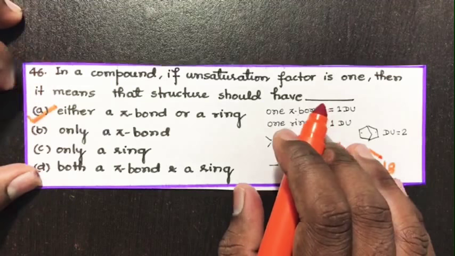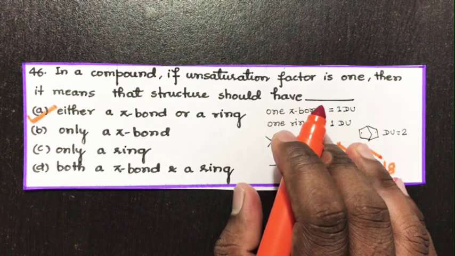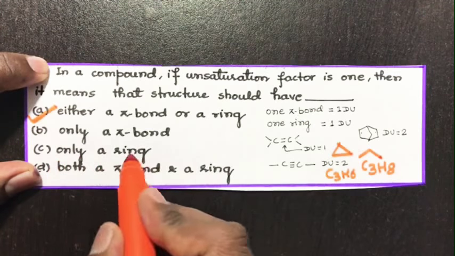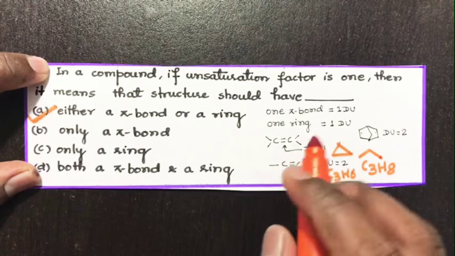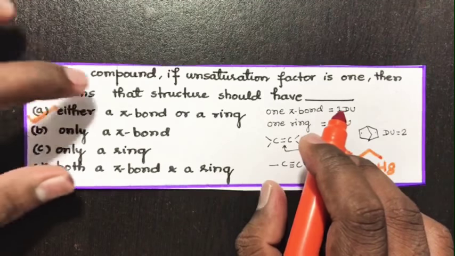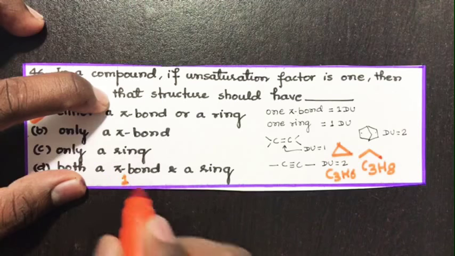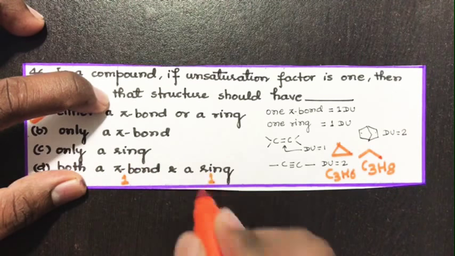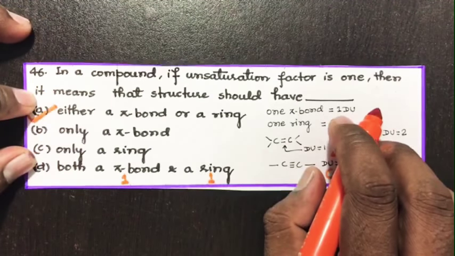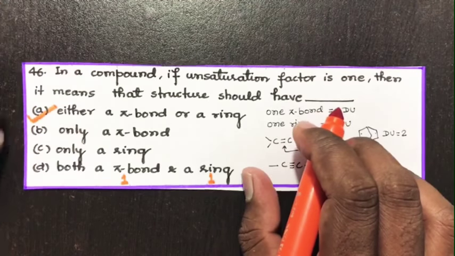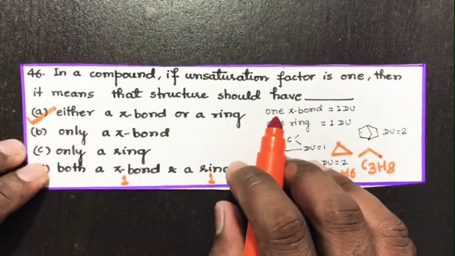So du equal to 1 does not mean that it has only a pi bond. Only a ring is also not correct. Both a ring and a pi bond would be incorrect, because one du would be for this and one du for this, and the du would be 2 in that case. So the correct answer is A.